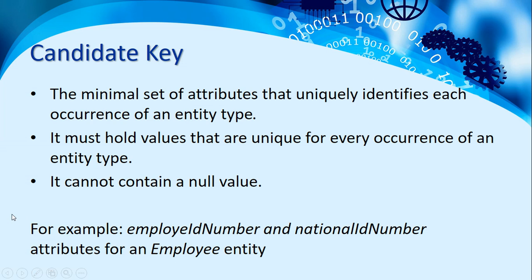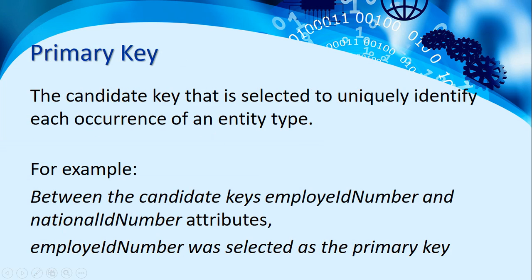Okay? So therefore, primary key is the candidate key na pinili, no? To uniquely identify each occurrence of an entity type. So between for example the employee ID number at saka yung national ID number, pareho silang dalawa na they can uniquely identify each employee, but iisa lang sa kanila yung pipiliin as the primary key.